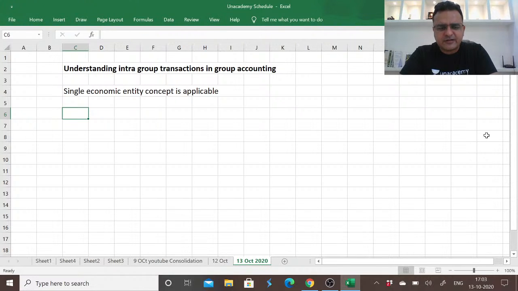the first intra-group transaction is when we are acquiring another entity. We record it as investment in subsidiary.